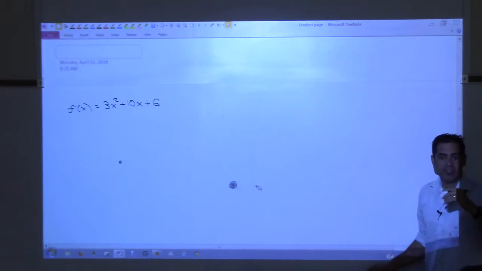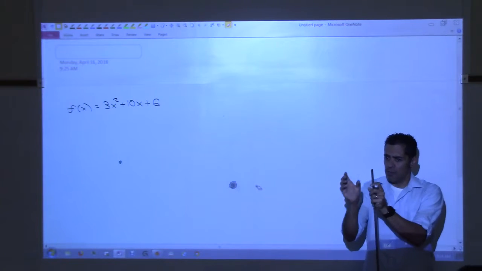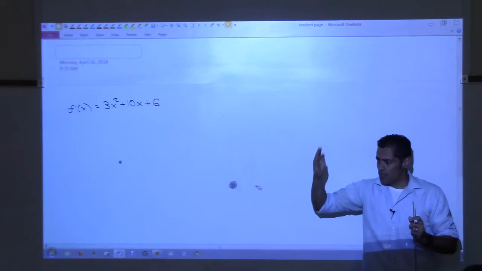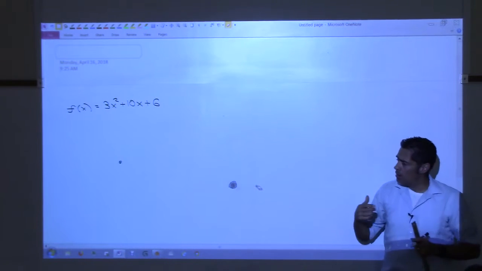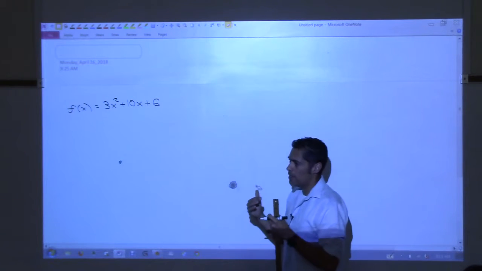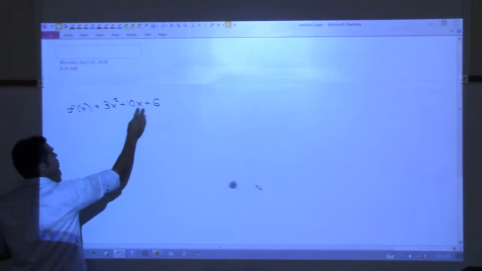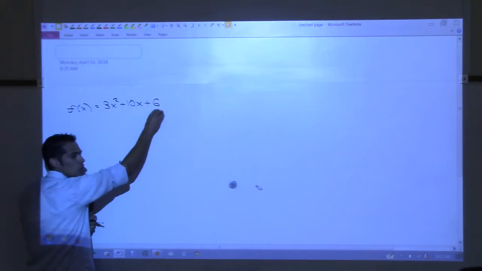Do you remember that when we took derivatives, if we had addition and subtraction between terms, we could differentiate them individually? Well, when we're trying to find the antiderivative, it works the same way. If you have addition or subtraction between things, you can look at the antiderivative of each one.